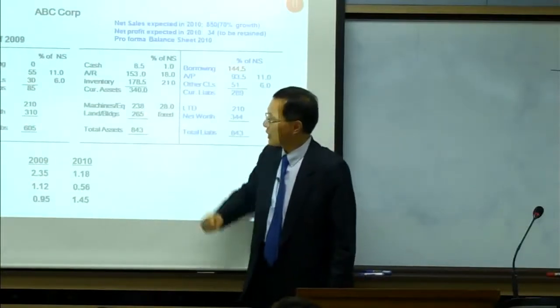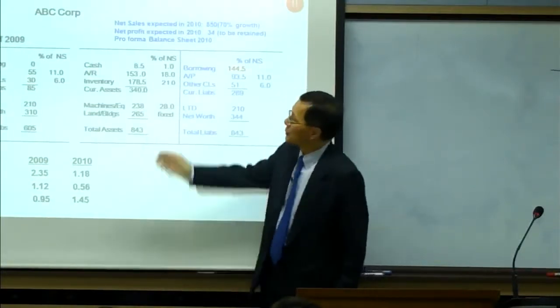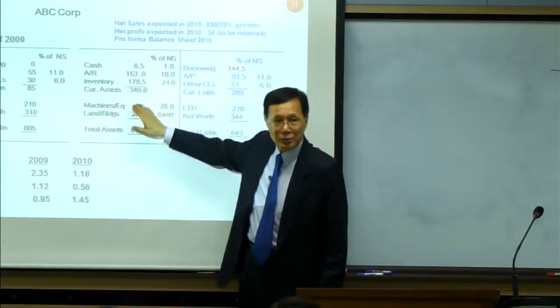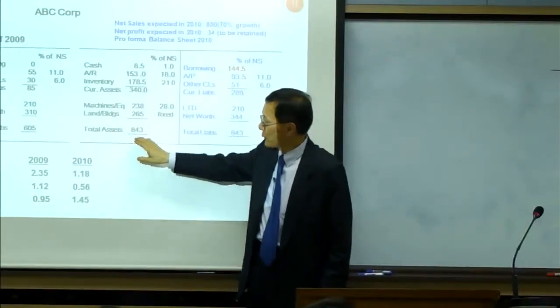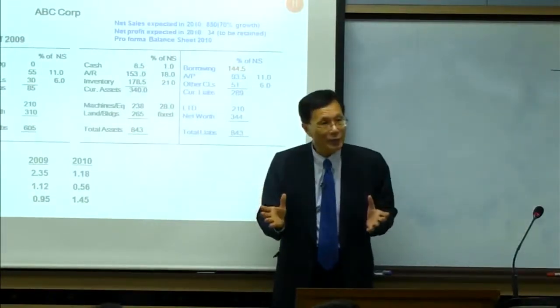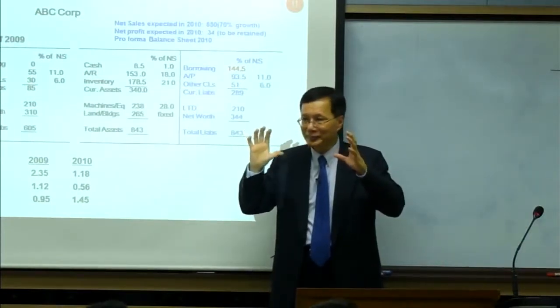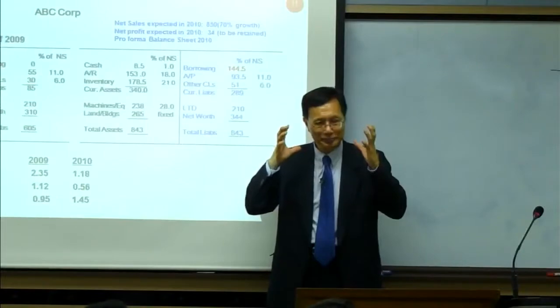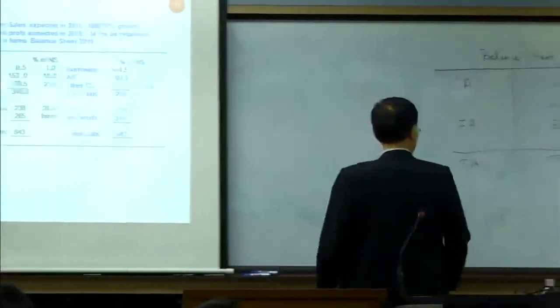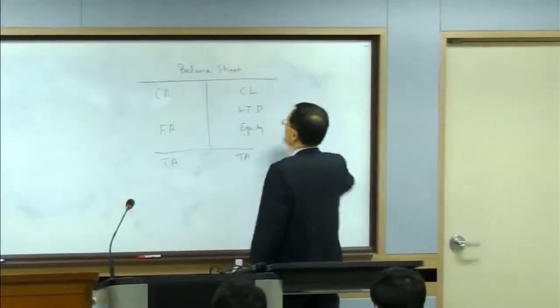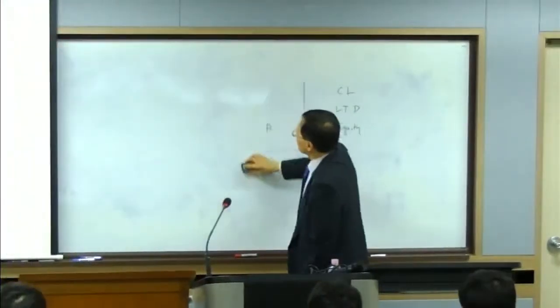So it will stay at 265. So next year's balance sheet, left-hand side, will be total of 843. Do you get it? Do you get the picture? Now here's something you have to understand.